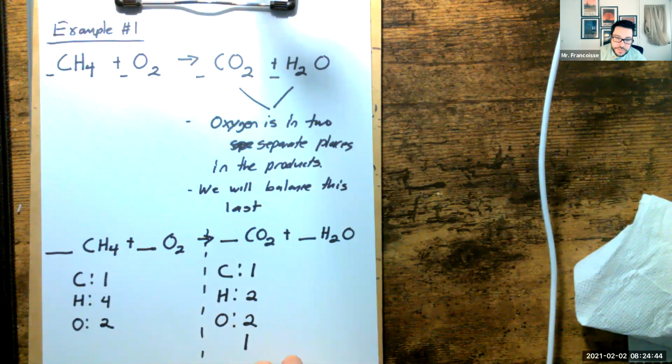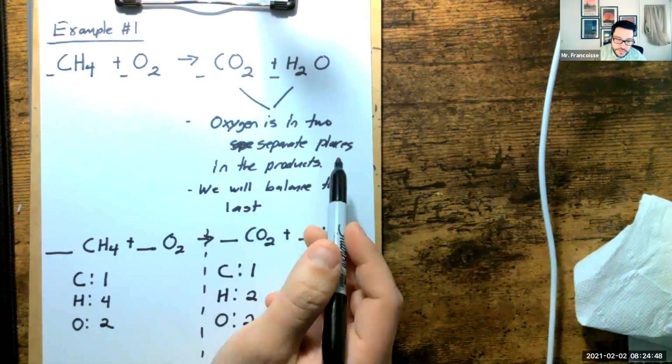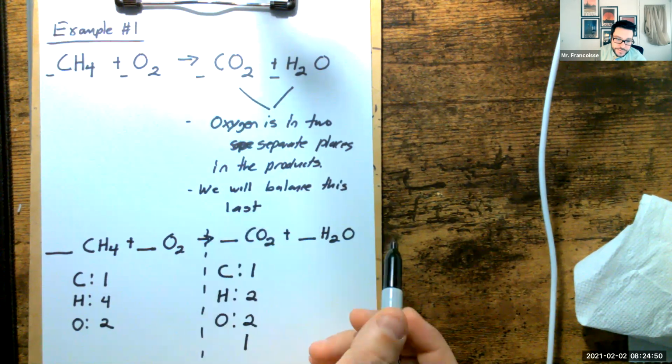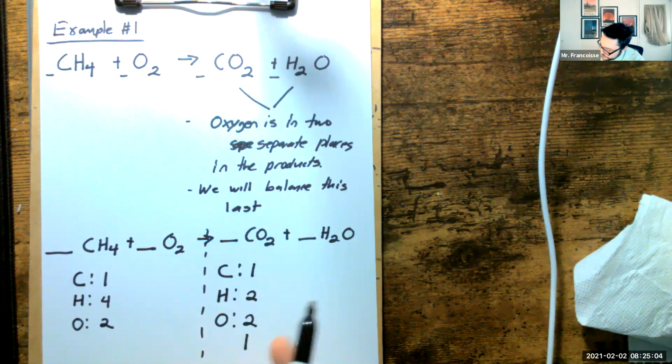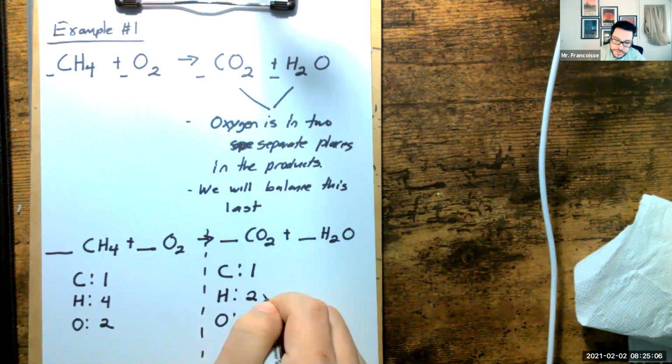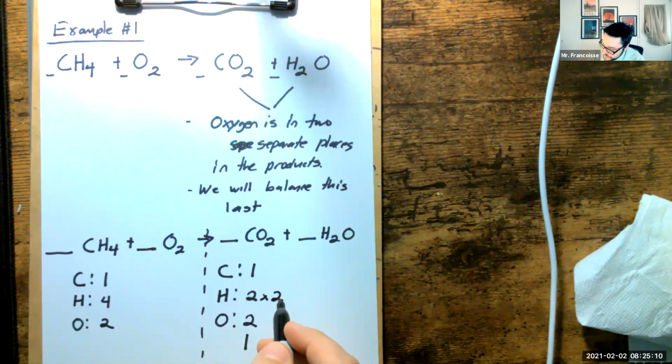Okay, so our goal, we said we're going to balance oxygen last because it's in 2 separate places. So carbon and carbon are balanced, so we don't worry about that. Hydrogen, we have 4 here, and then we have 2 here. So we need to balance this here. We want both of these to equal 4, so we need to multiply this by 2. So if we multiply this by 2, the only way we can do that is by adding this coefficient 2.